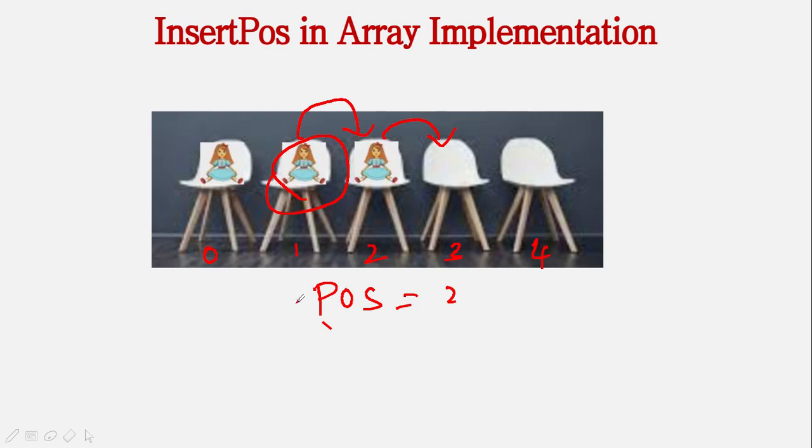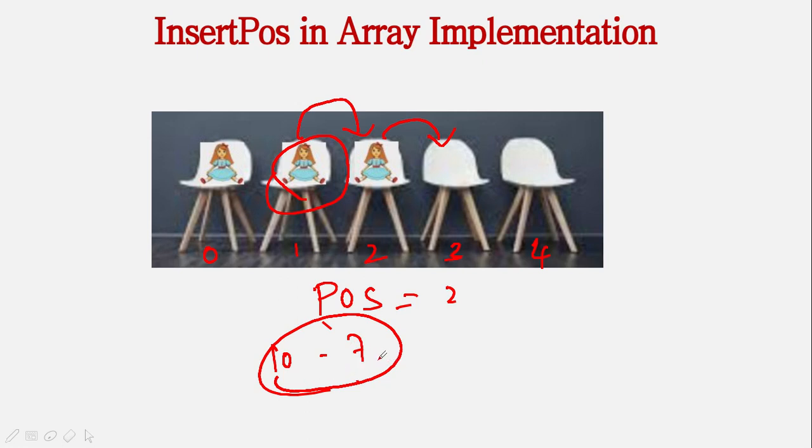For example, if there are 10 people already inside the room, and a new person is coming and he has to occupy seat number 3, then 7 people have to shift. If one person takes 1 second to shift his space, then 7 people will take 7 seconds and so on.